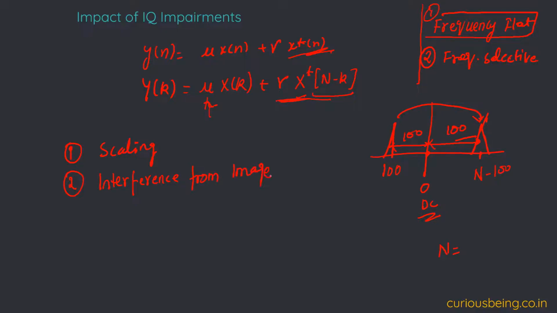I will say image or mirror subcarrier. This is the impact on the kth subcarrier. Any questions still here? Okay, if no, let me try.